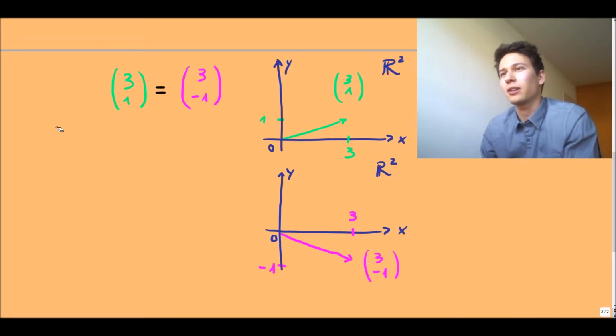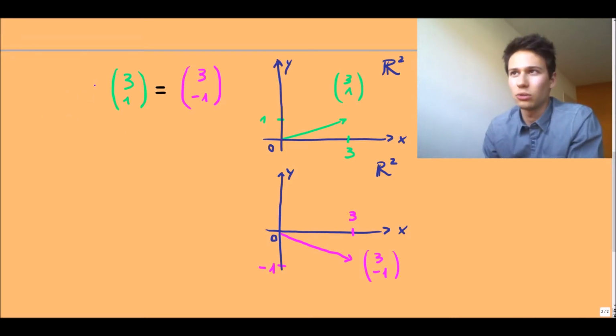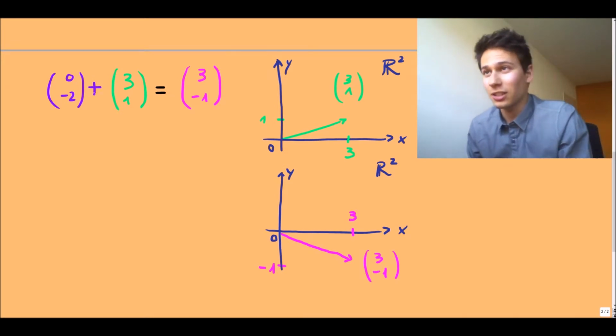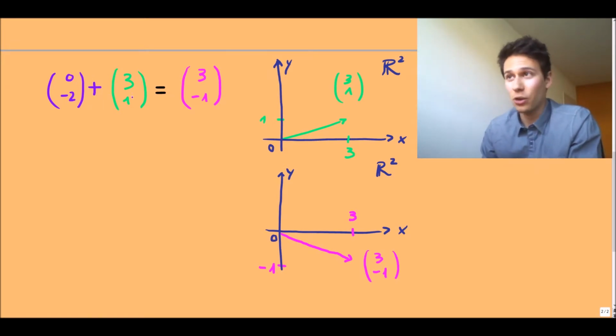Now maybe you have the idea to, let's say, add some vector. Maybe let's add 0, -2. And then we get the right answer, right? However, this solution is only a solution for the vector 3, 1.